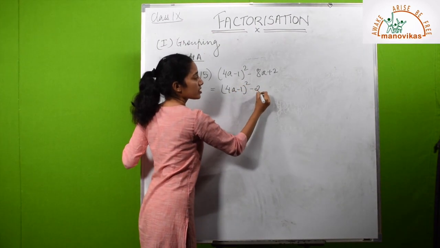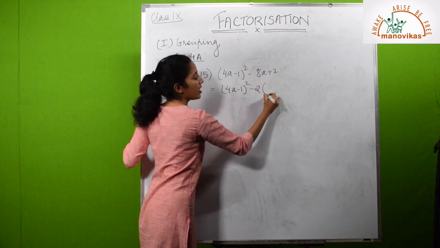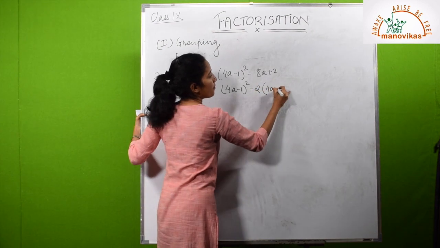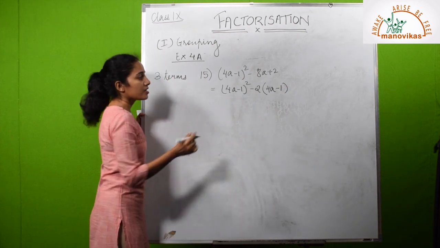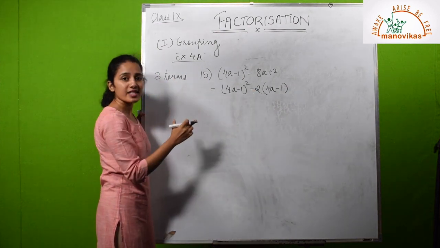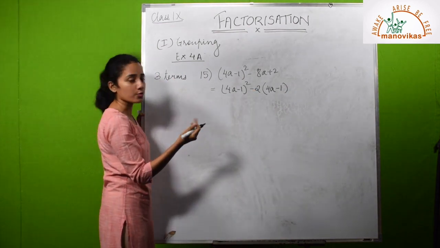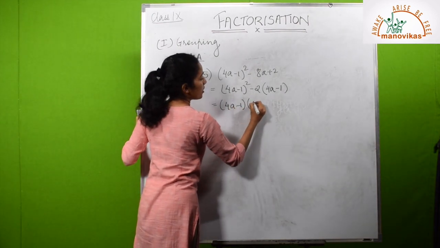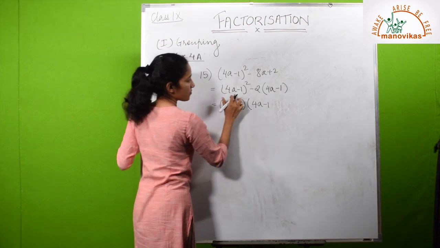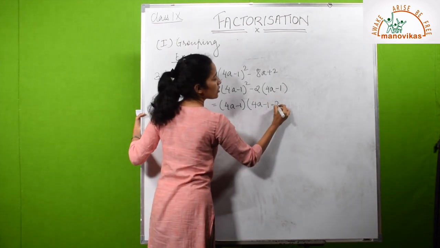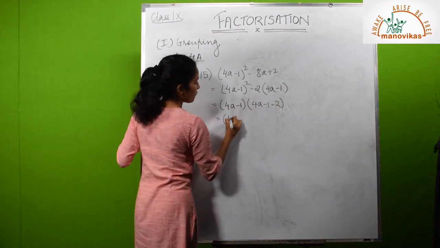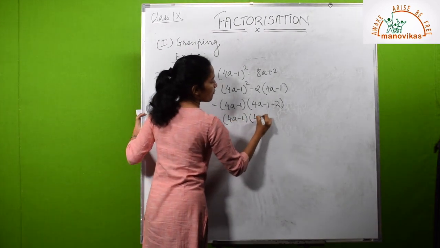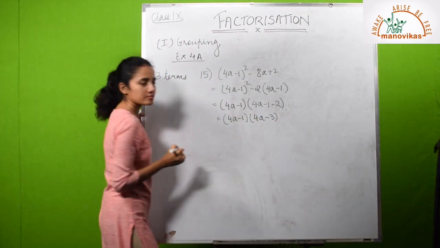Taking a negative 2 common, I get 4a minus 1. Now since there are two terms, what is the next factor? It is 4a minus 1. So that is 4a minus 1, one term of that, and minus 2, which will be 4a minus 1, 4a minus 3.